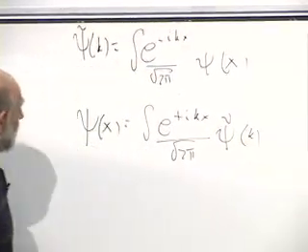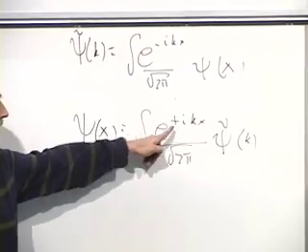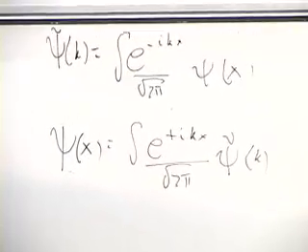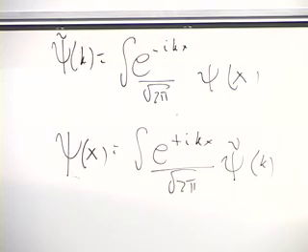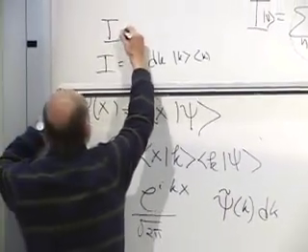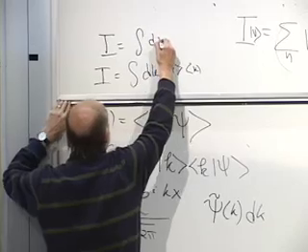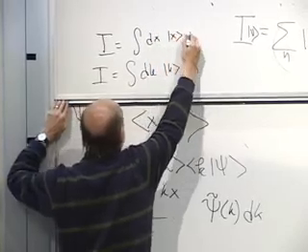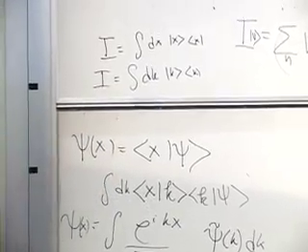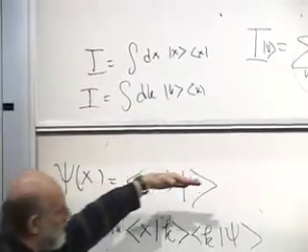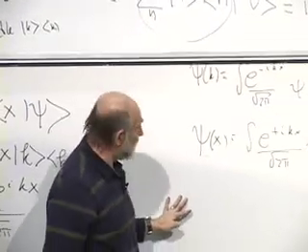The only asymmetry here is that one of them has an e to the minus i kx and the other has an e to the plus i kx. So this little formula here, this type of formula here, is rather powerful. And it encapsulates, among other things, the reciprocal relationship of Fourier transforms.